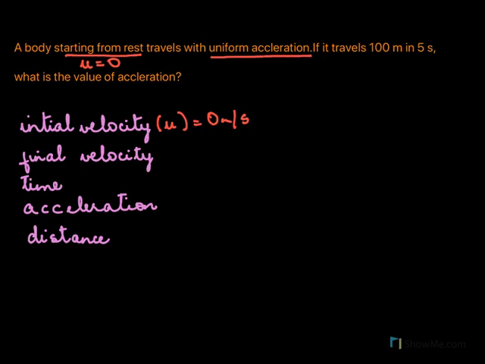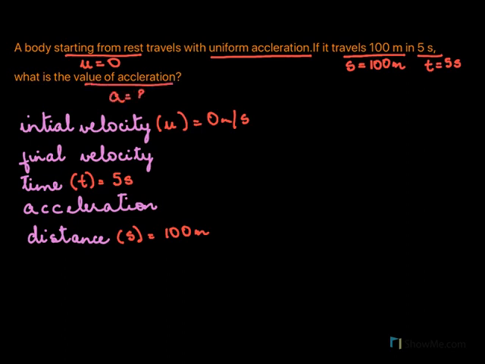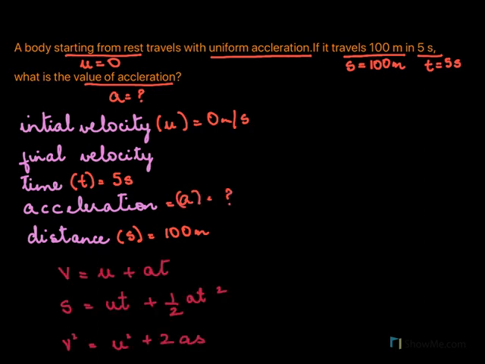If it travels 100 meters, that means the distance s is 100 meters. In 5 seconds, so time t equal to 5 seconds. Calculate the value of its acceleration a, which is the question.